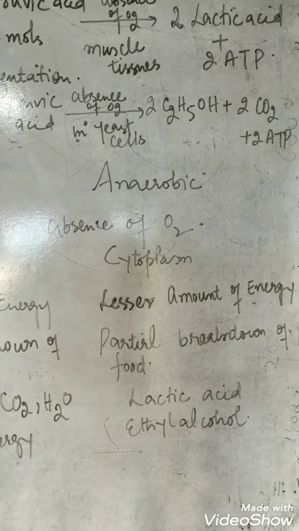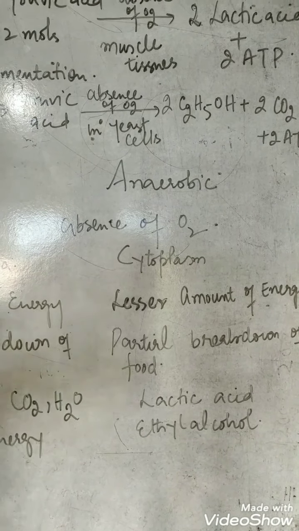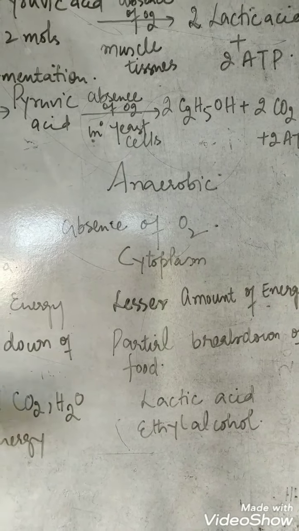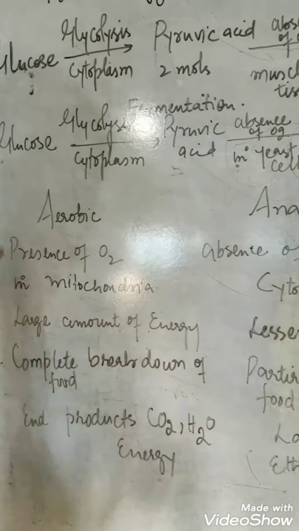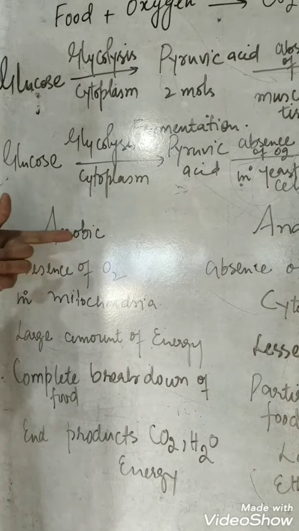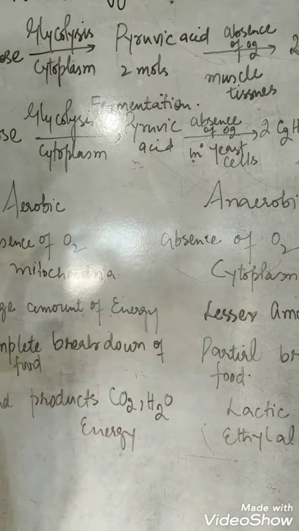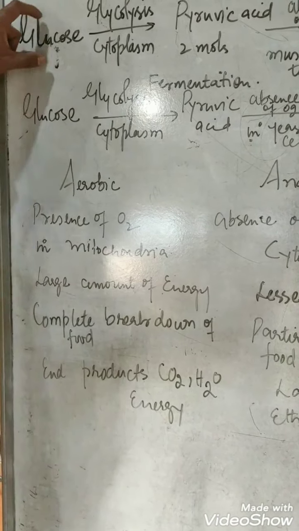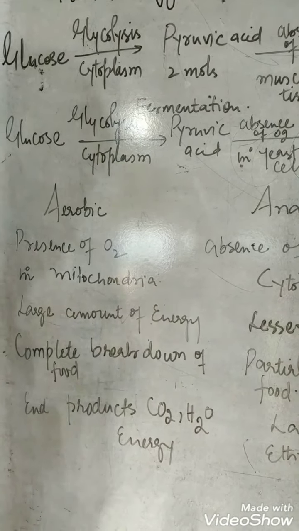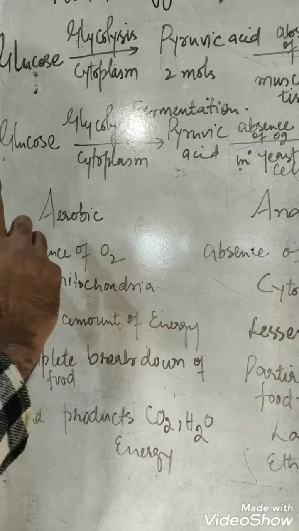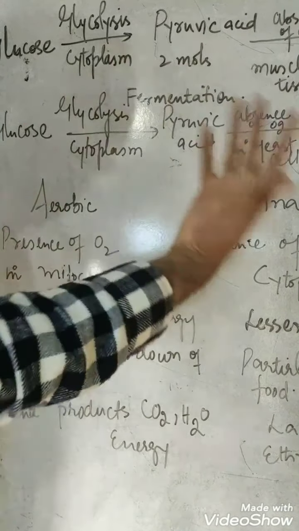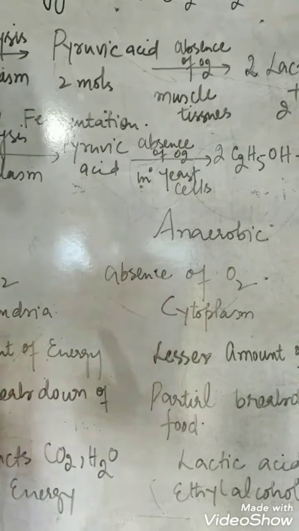But in anaerobic respiration, you can find only lactic acid and ethyl alcohol. One thing you should remember is that glycolysis is the common phase which takes place in aerobic respiration as well as in anaerobic respiration.